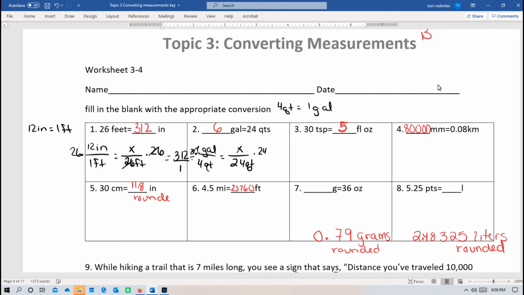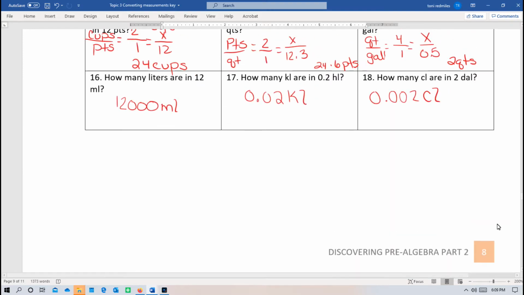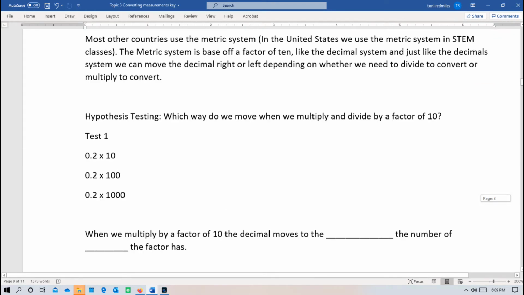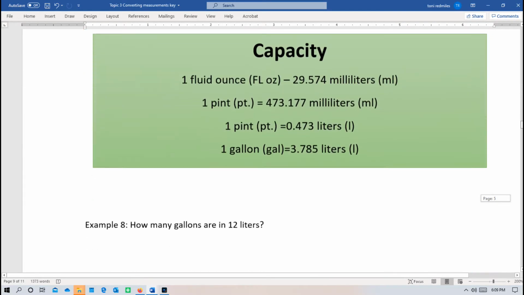So 24 over 1 is 24, 1 over 1 times 4 is 4, these cancel, equaling X. 4 goes into 24 6 times. I believe this one is 3, but let's go check out the conversions of teaspoons to fluid ounces.